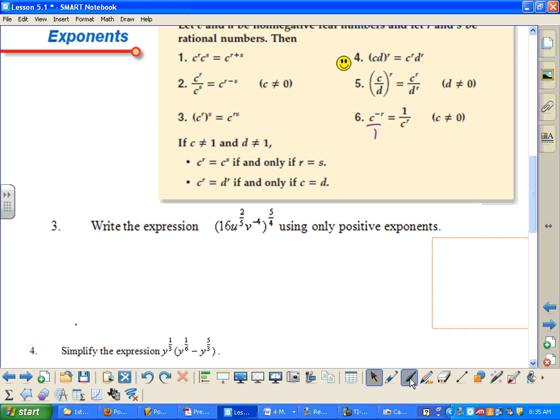So we're going to rewrite it first of all. We'll say this is 16 to the 5/4 power. And then u, and what am I going to do with the 2/5 and the 5/4? Yep, we multiply them. So that would be u to the 10/20. And v to the power of, what's -4 times 5/4?